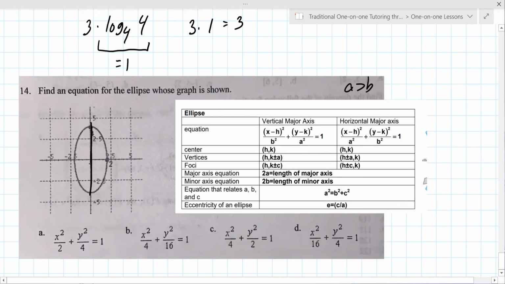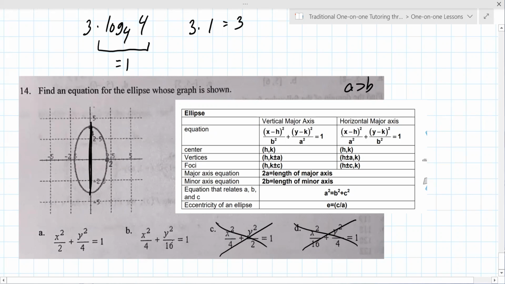That's the vertical major axis. Since A is greater than B, let me just check these. So this one is out because the bigger number is under X, and this one is out for the same reason. So then you're just down to these two.